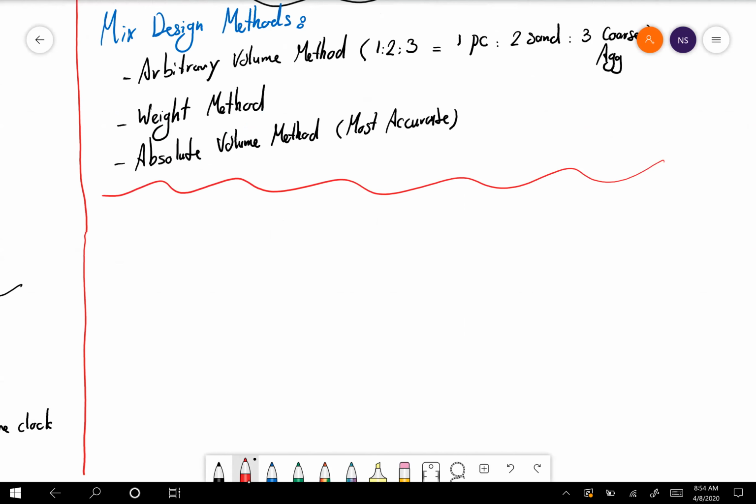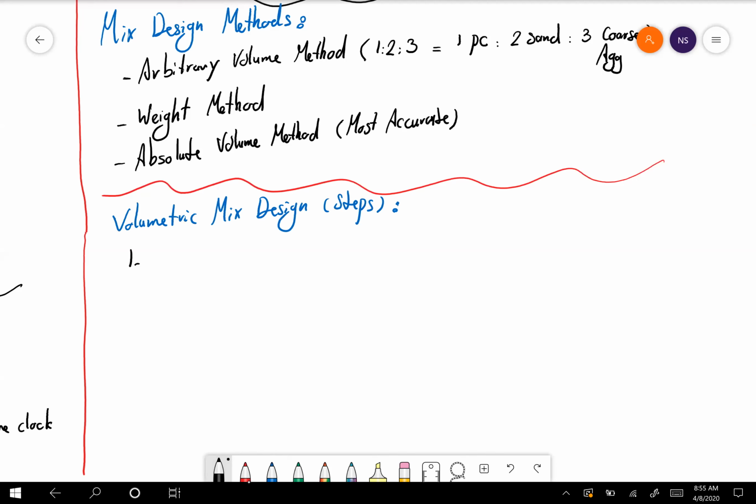So this is the last thing that I'm going to cover today. The volumetric mix design steps. These are the steps that you need to follow for the volumetric mix design.